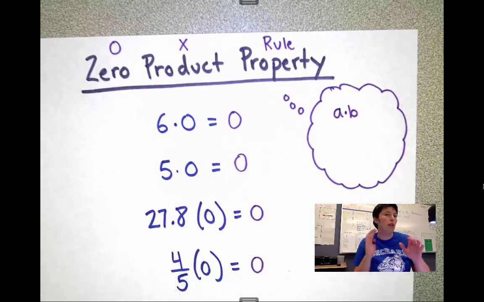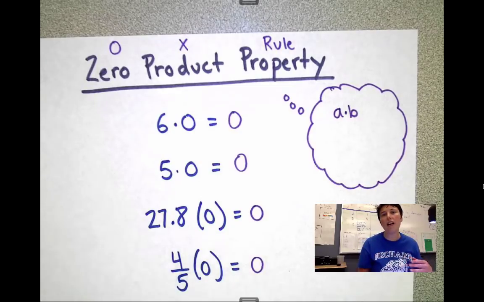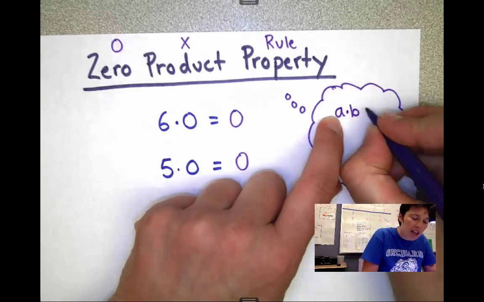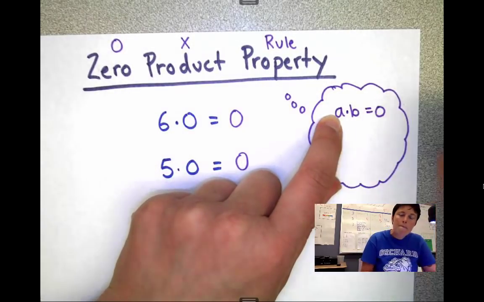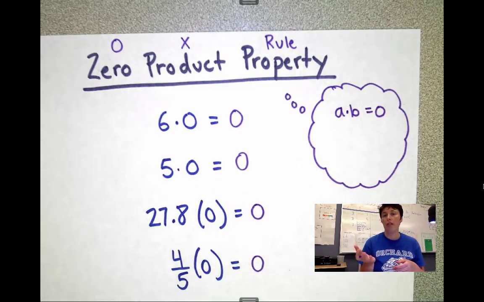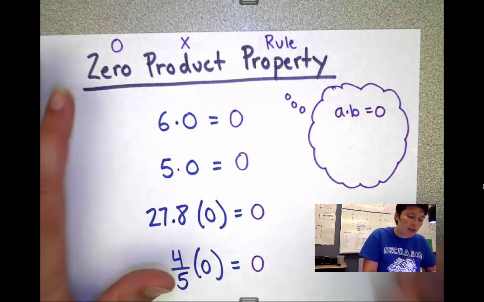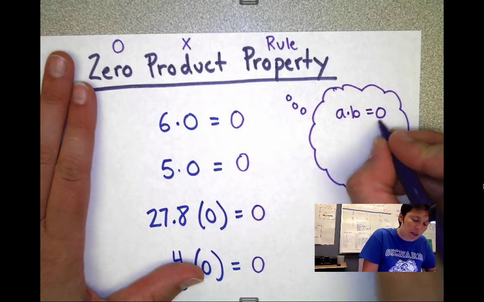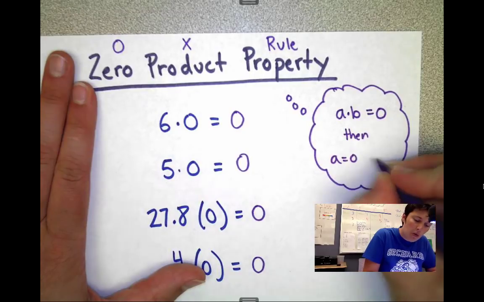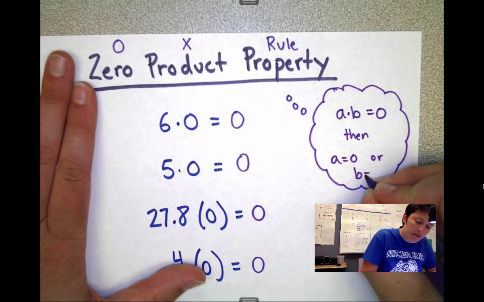It could be like 2 times 3, 7 times x plus 2 times x plus 4, whatever A and B are. We don't know. But if I tell you it equals 0, then right away you know either A is 0 or B is 0, or maybe they're both 0.